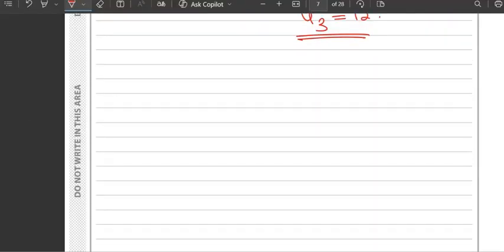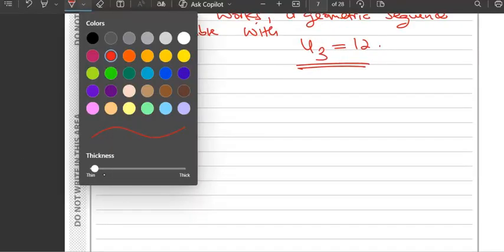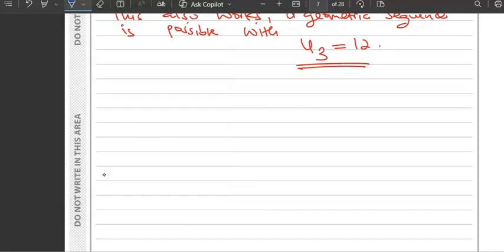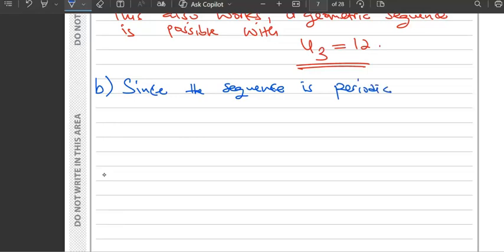Let's find out. So for part B here, we'll use a blue pen still. Part B, we can say that since the sequence is periodic with period 4, the terms repeat.